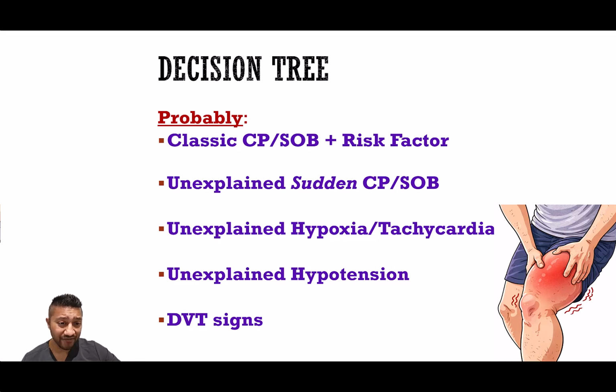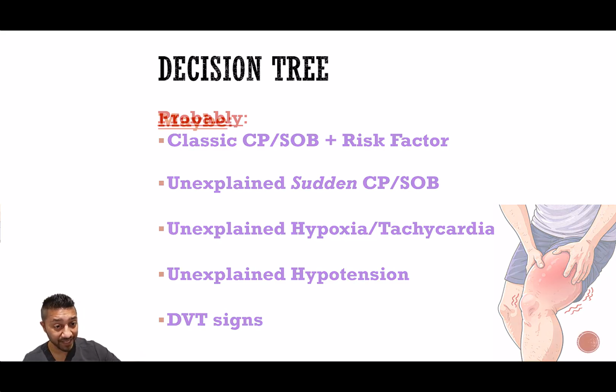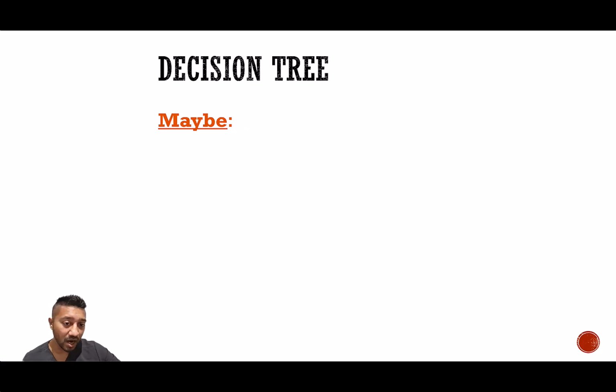So if your patient doesn't have any of those previous features, then they either fall into a maybe PE category or an unlikely PE category. Now, to be in the maybe category, your patient still needs to have unexplained symptoms of chest pain and shortness of breath, but those symptoms have to be mild.